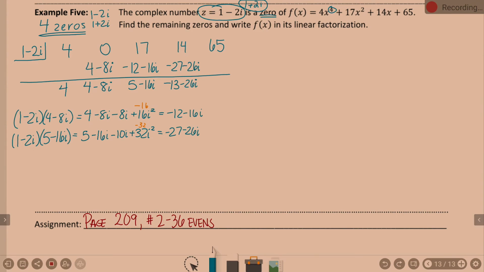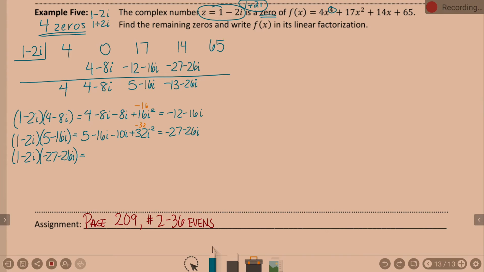And then distribute. We have to FOIL again. It's our final FOIL of the problem, okay? The next problem will work out nicer, actually, though. I know it's hard to believe, but the second go around of this is not nearly as ugly.